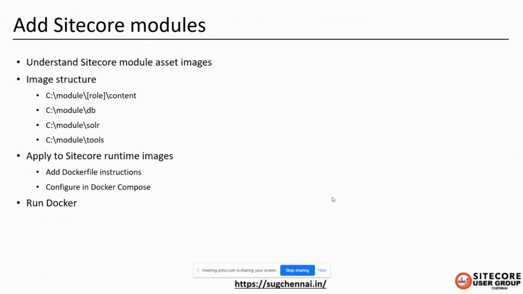Each module asset image contains resources with this file structure. The C:\module\role folder contains content to overlay the base Sitecore images. Here role means CD, CM, all these things. We will have a dedicated folder for each role, and under that, the content associated with that particular role.